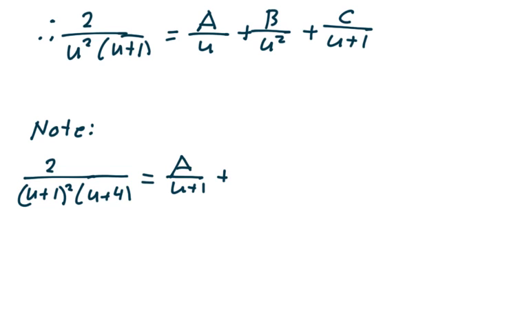And then instead of u squared in the denominator, I'm going to have u plus 1 squared in the denominator. So I have a over u plus 1 plus b over u plus 1 squared, and then I have my c over u plus 4. So that's how I would break it apart using partial fraction decomposition. So I could make a similar argument.